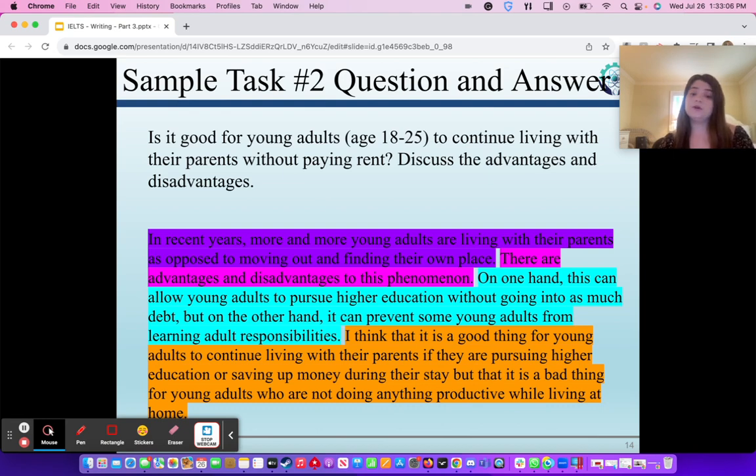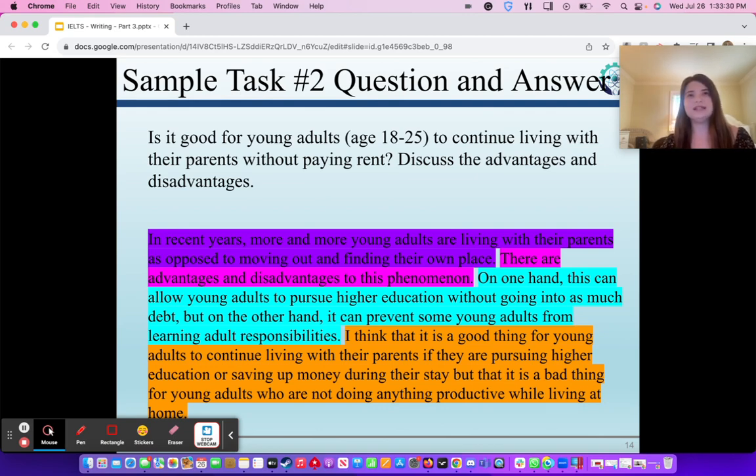Now, notice I don't go into a lot of detail there. I don't really explain at this point how come adults living at home leads to them being able to pursue higher education with less debt. Now, maybe you already have an idea of why that might be. You can probably think of that idea yourself, and that's great. But I didn't put that here. Or same with adults learning adult responsibilities.